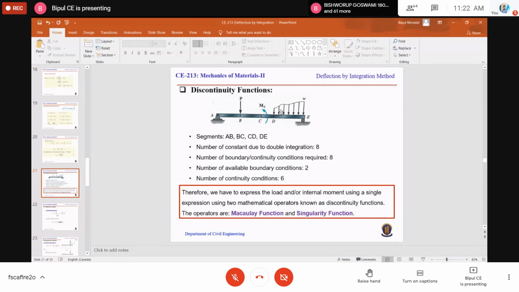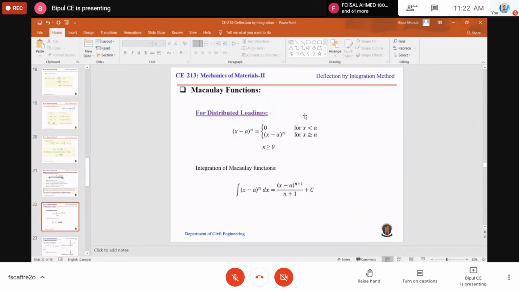But the uniformly distributed or variable distributed force must extend up to the end of the beam. It may start from anywhere on the beam, but it must extend up to the end of the beam. That is the criterion for this method. So here x is the distance from the origin.